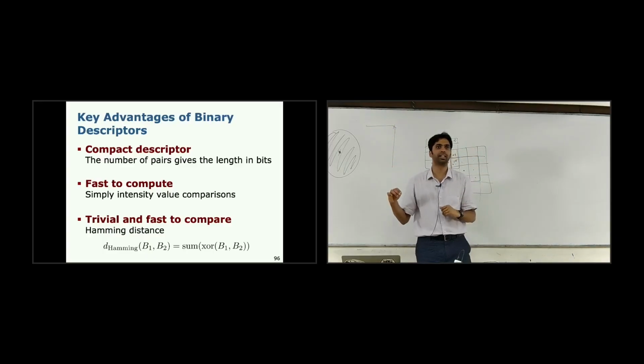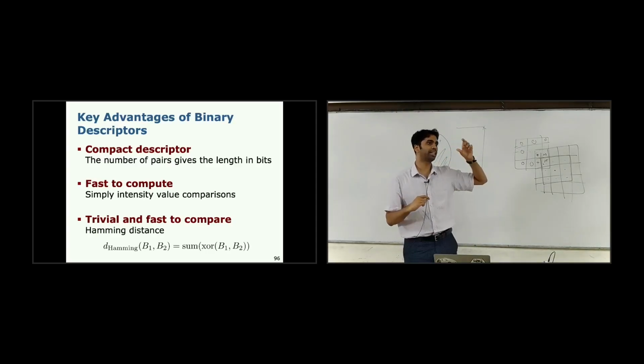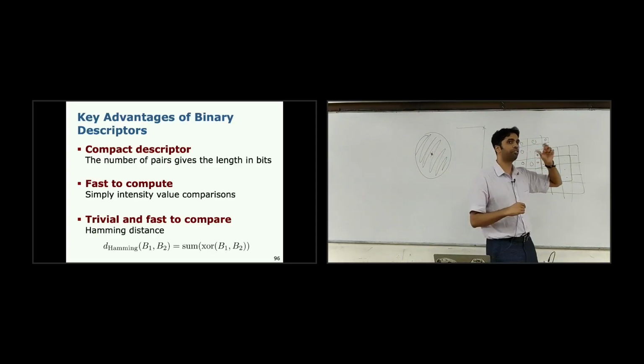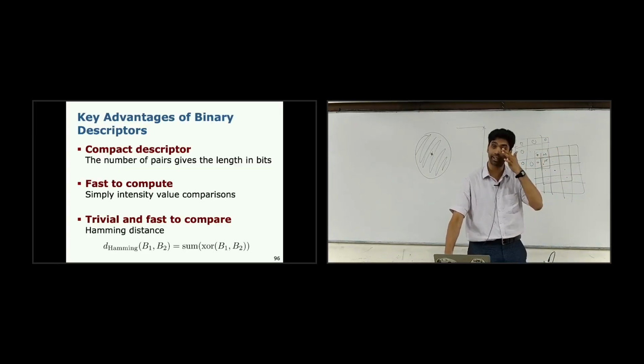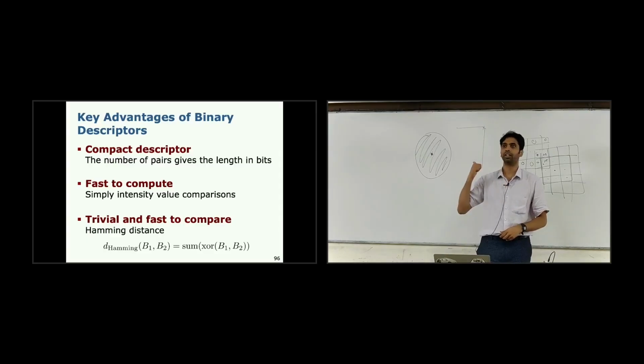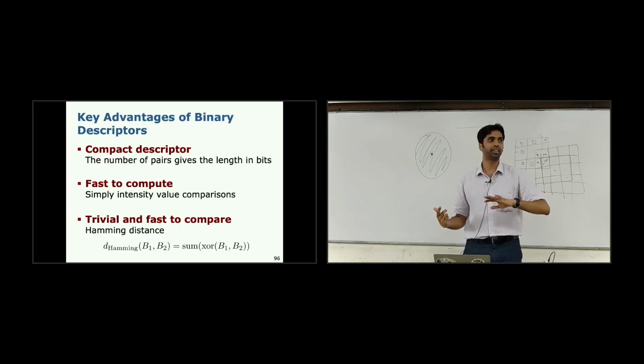Whereas now, it's a simple XOR operation. If the ones are at the same place, it's good. If they're flipped, they're bad. This is also called the Hamming distance between two strings, and you can do fast comparison as well. So both the computation of the descriptor and the computation of the distance between descriptors are super fast.